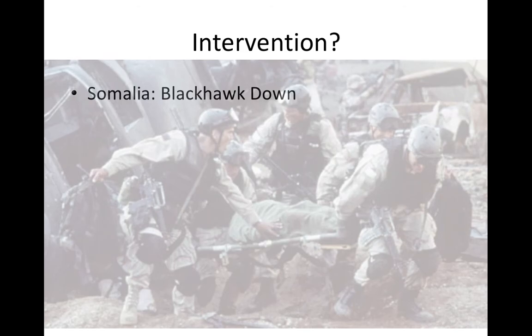And after one particularly nasty attack where he killed a number of peacekeeping soldiers, none from the United States, the UN voted to go after Aidid, and that's where the U.S. came in.